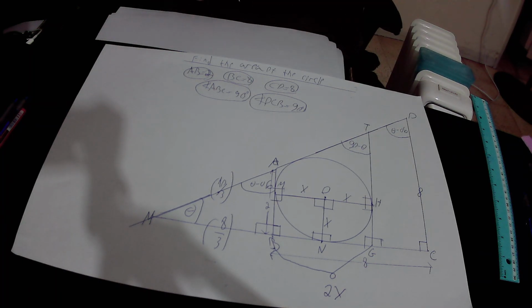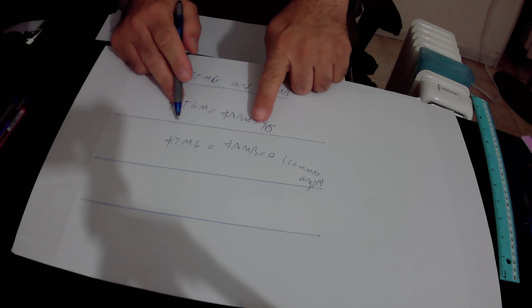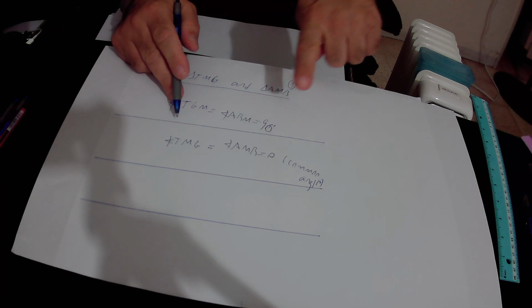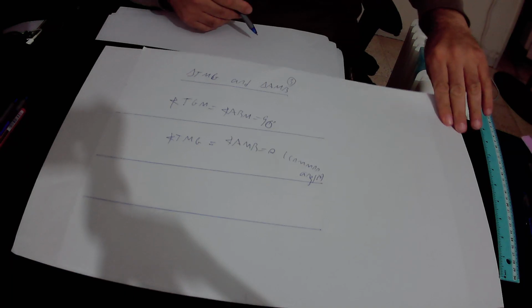We call angle theta two different names, so this equation means that angle theta equals itself, so it's a common angle that belongs to both triangles.